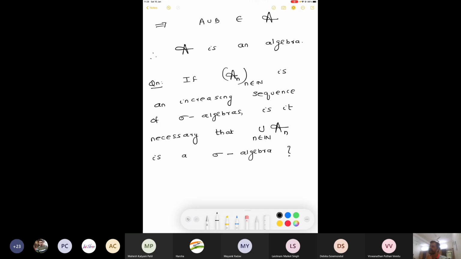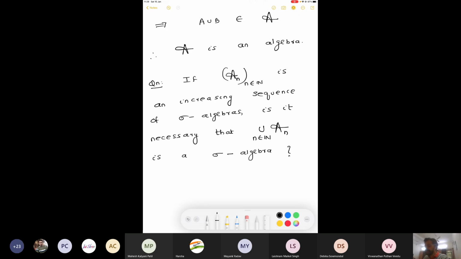Could somebody get it? Again, it is connected in some way with the third problem, because the third problem asks you to get an algebra which is not a sigma algebra. Part B says it is a sigma algebra if and only if X is a finite set.